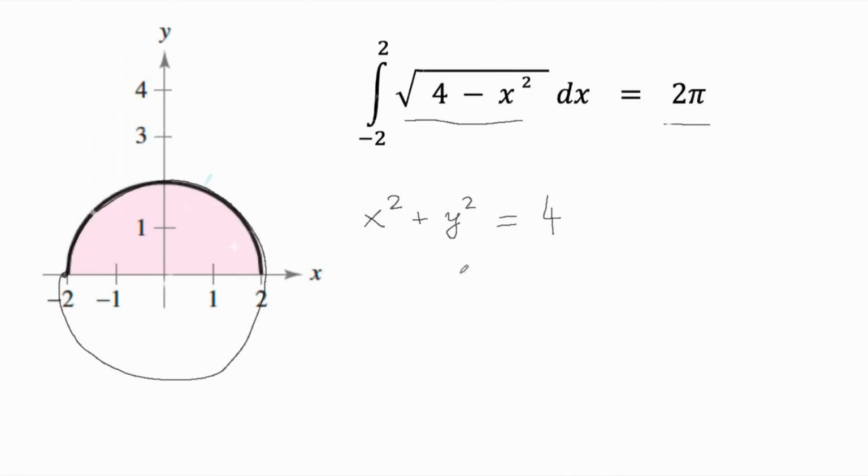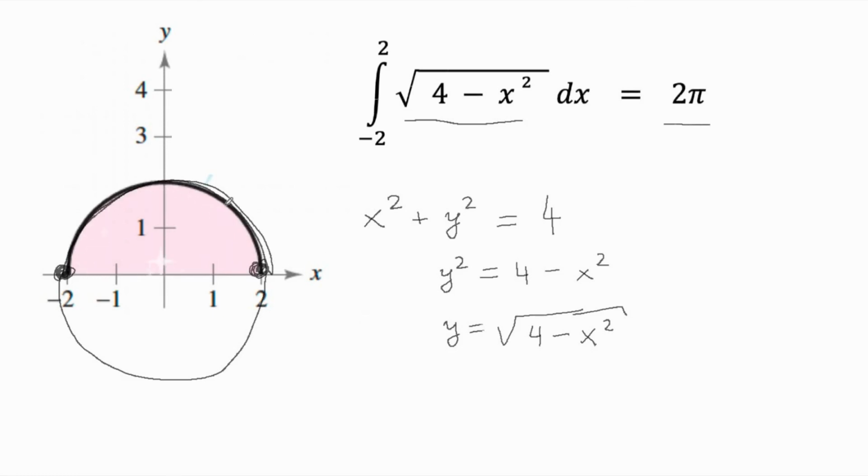Well, we know how to compute the area of the circle. But first, let's compute y squared. So this is equal to 4 minus x squared. And when I take the radical of both sides, that will give me y equals the radical of 4 minus x squared. This is exactly the upper semicircle, and so we can view this curve as a function.